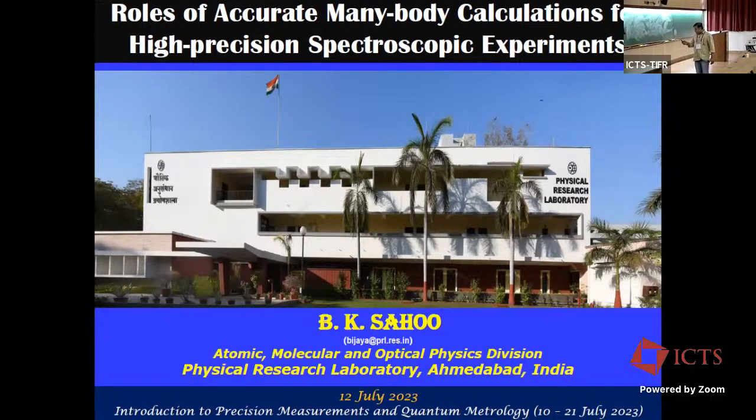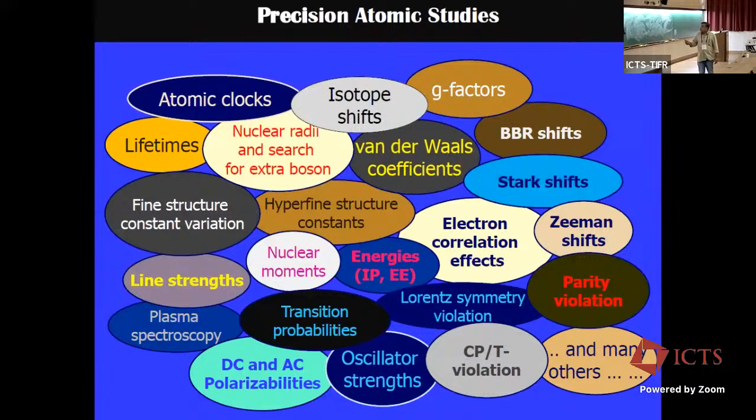When we talk about precision studies in spectroscopy, most of the time I'll be talking about these properties. And I'm sure that those who are working on atomic spectroscopy, or even other areas, will be using some of these quantities in your experiments for doing analysis or even for theoretical studies and so on.